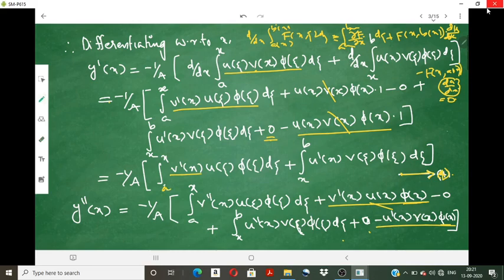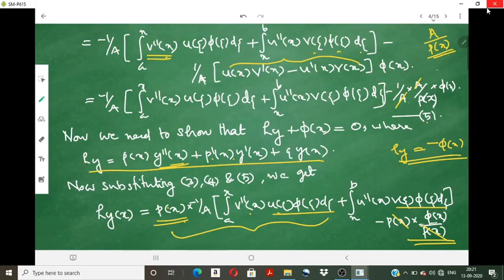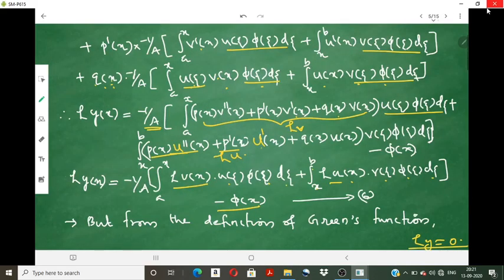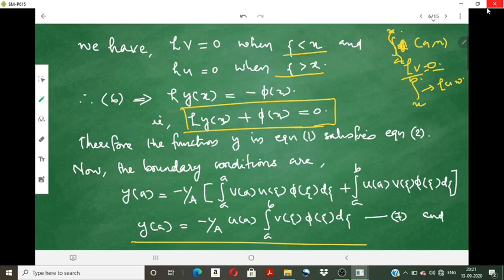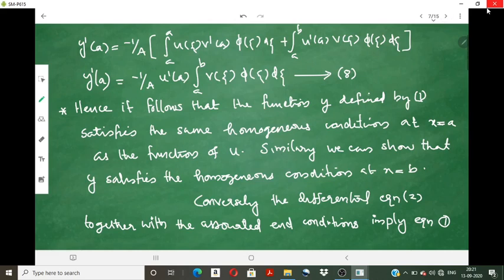Then the second integral will be u dash of a into the integral from a to b of v of theta phi theta d theta. That is given as equation number 8, u y dash of a.